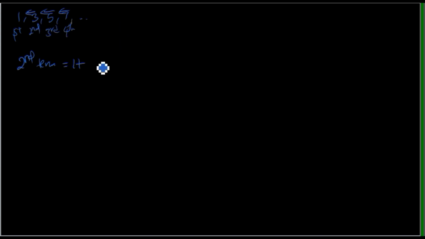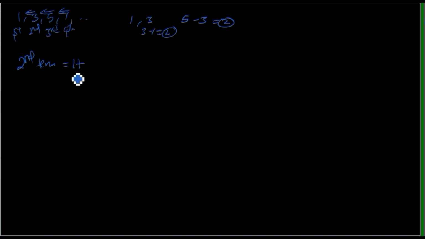So you can see the difference is common, is a constant. That is why we say a sequence is a situation whereby the difference between two successive members of that sequence is a constant. Like in this case, the common difference is 2 all the way.